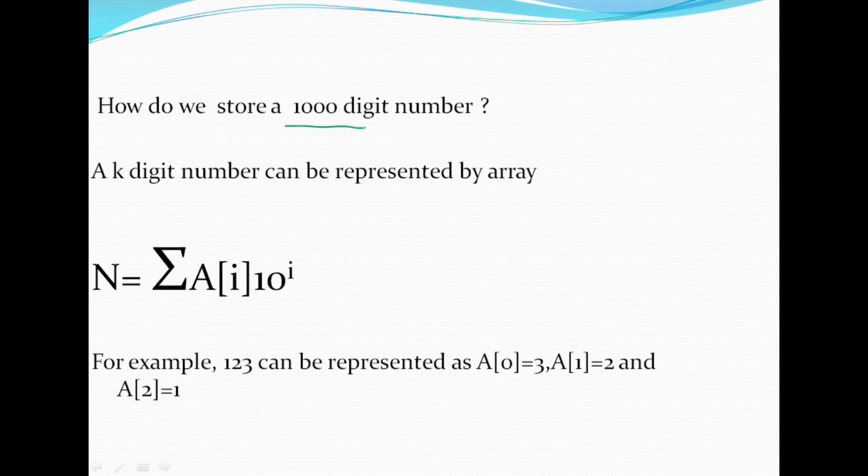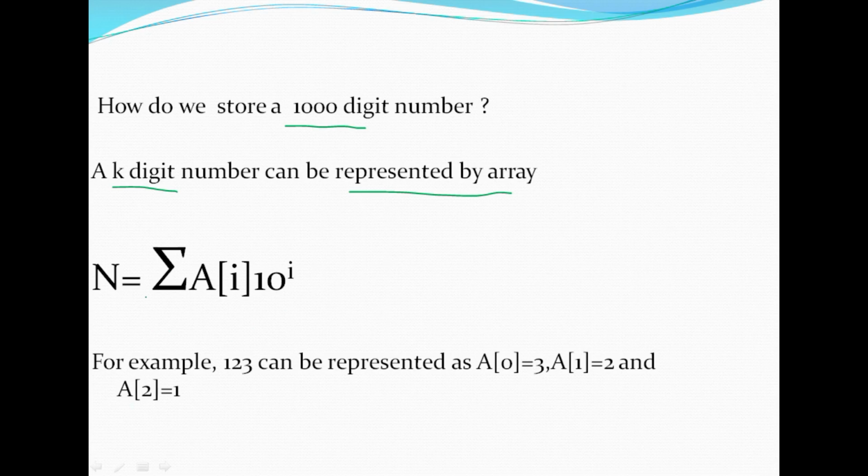One of the ways is to store a k-digit number, where k can be 1000 here, in an array. If I give you a 1000-digit number, it will have 1000 digits in it. These can be stored in an integer array of length 1000.